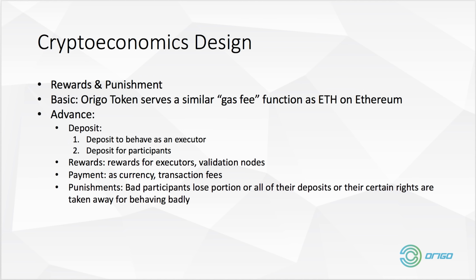This is a basic design principle, because usually tokens are just used for rewards, right? Basically the token serves a function similar to a gas fee, like ETH on Ethereum. You use the functionality, you pay some money, like the transaction fee or the gas cost, something similar to that.